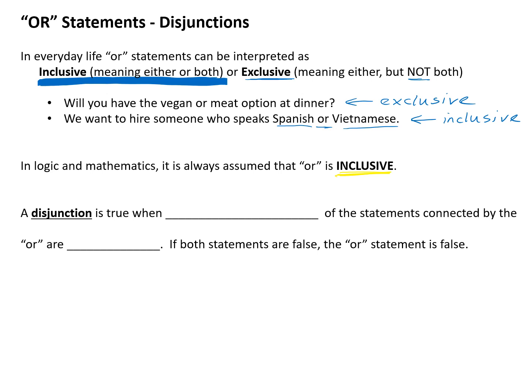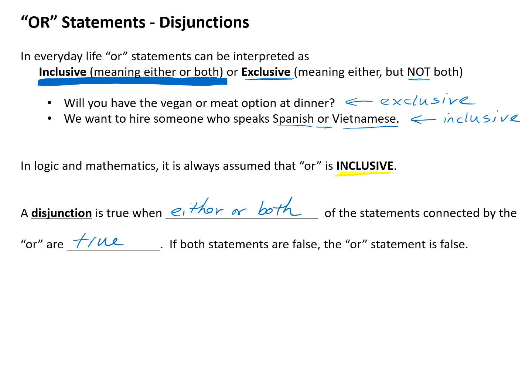So the rules. A disjunction, or an or statement, is true when one, the other, or both, and maybe a better way to say that would be either or both of the statements connected by the or are true.